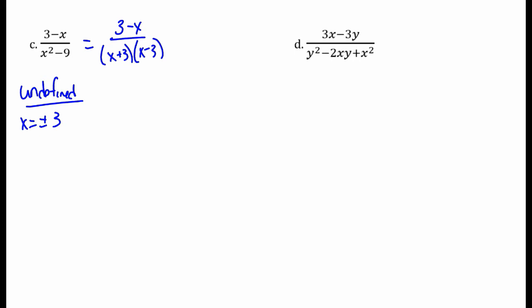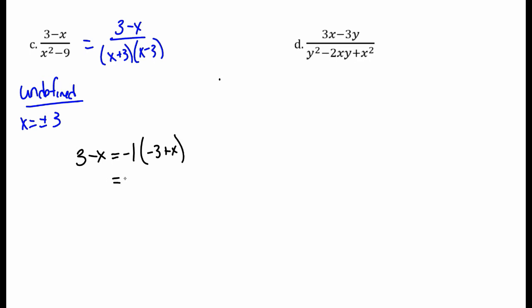Now here's the thing, can I divide anything out right now? Well, do I have any common factors like I did in that previous example? I had x plus 2 over x plus 2. Here, I have a 3 minus x and an x minus 3. So if I look at that 3 minus x for a minute, if I factor out a -1, I get -3 plus x.